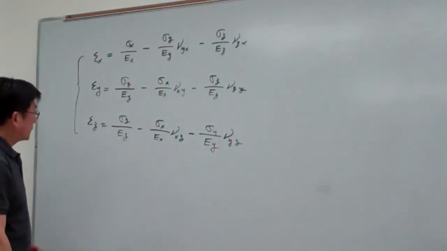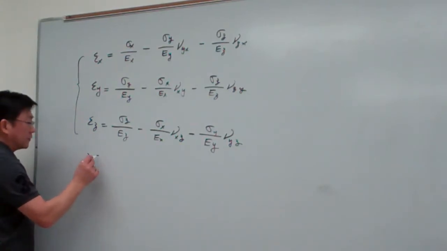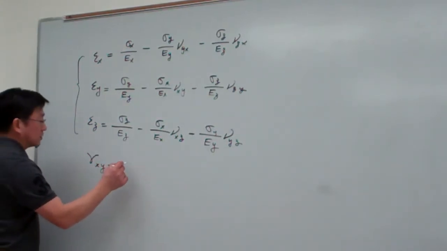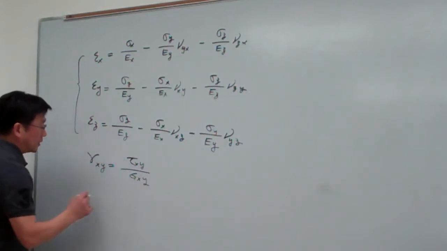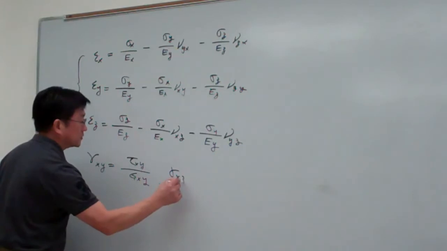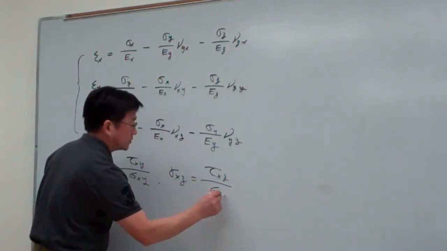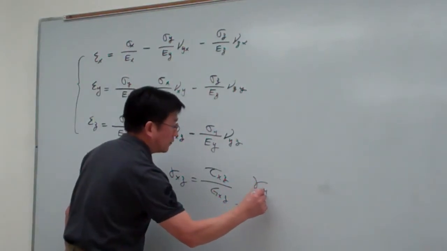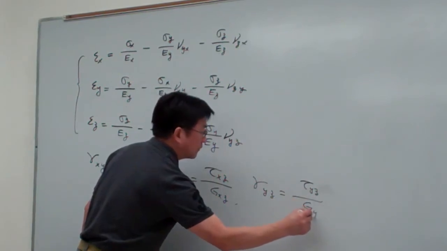Hooke's law. And then for shearing rigidity, that is very straightforward. We simply have gamma xy equal to tau xy divided by the corresponding shear modulus Gxy, gamma xz equals tau xz divided by Gxz, and gamma yz equals tau yz divided by Gyz.